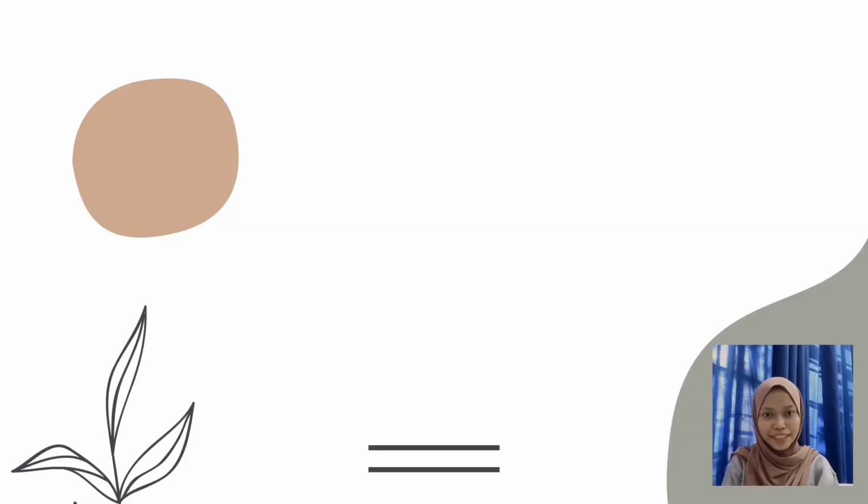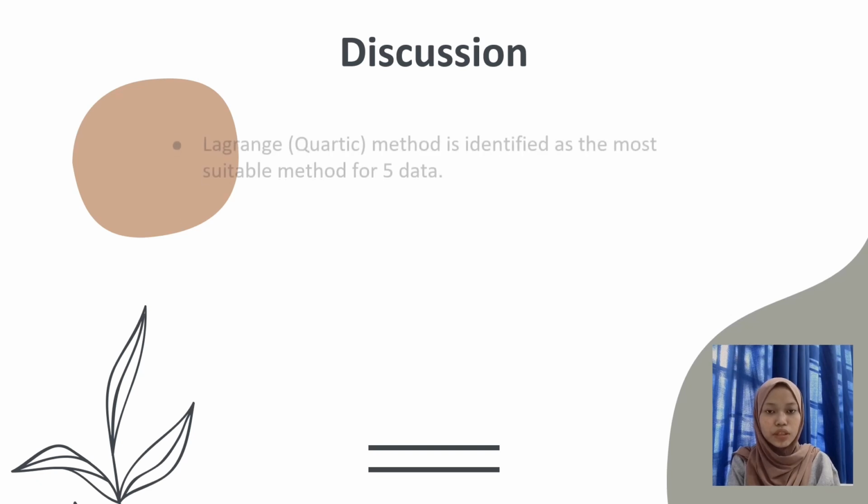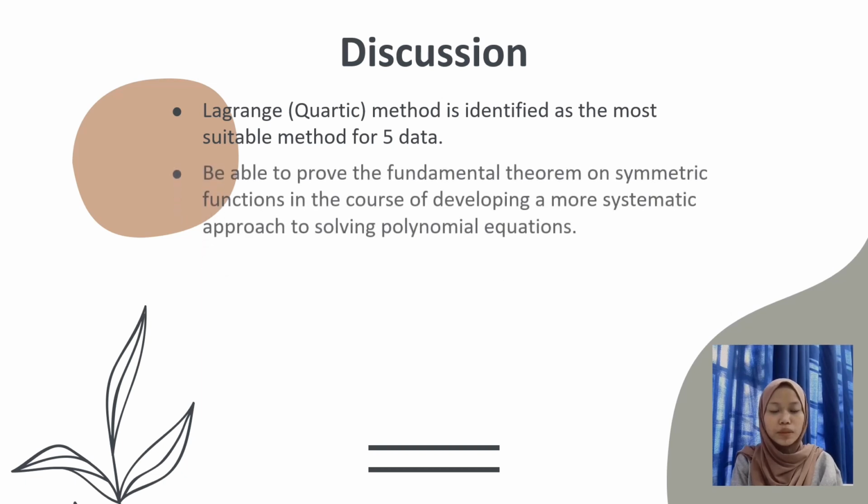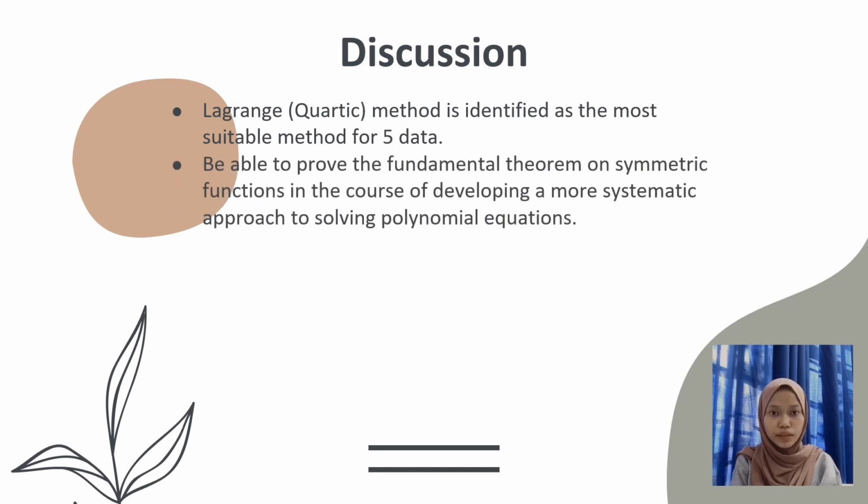Hi, my name is Siti Shafawani. I will explain about the discussion. We apply the Lagrange quartile method to calculate the monthly precipitation data for April 2014 of Johor. The Lagrange quartile method is identified as the most suitable method for 5 data points. This method is able to prove the fundamental theorem on symmetric functions in the course of developing a more systematic approach to solving polynomial equations.